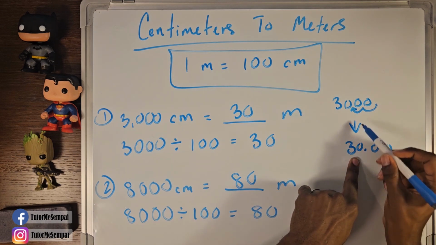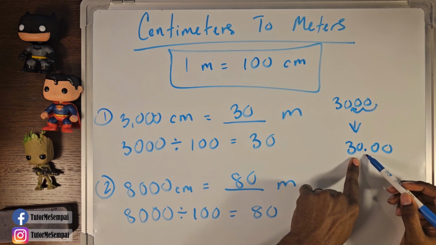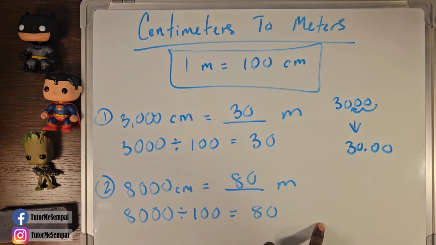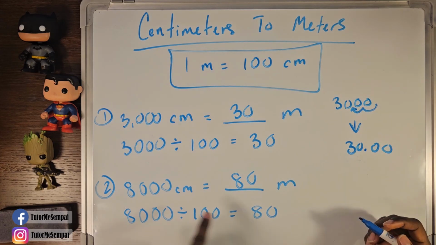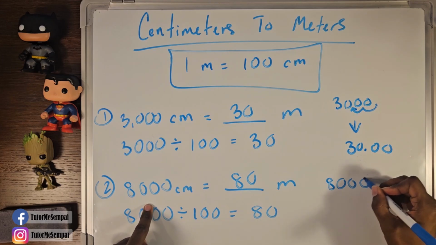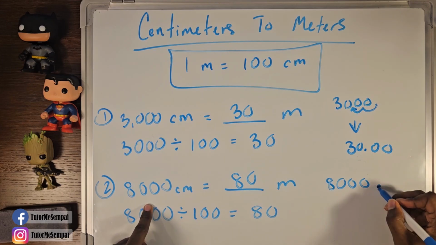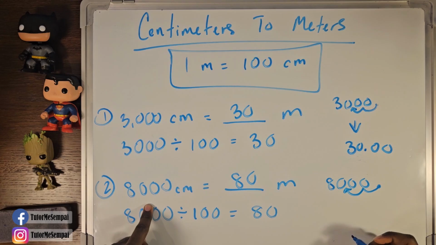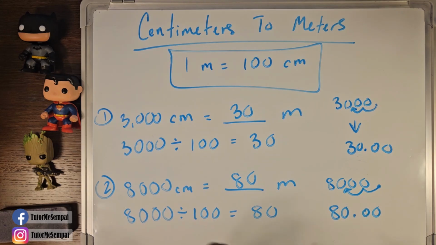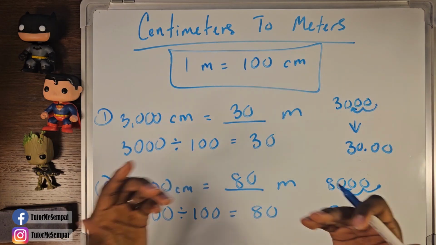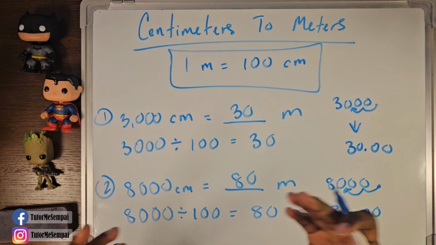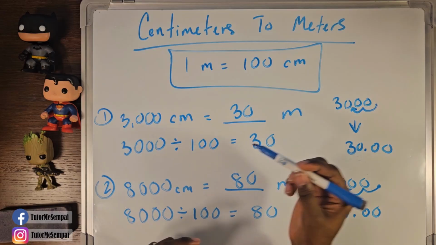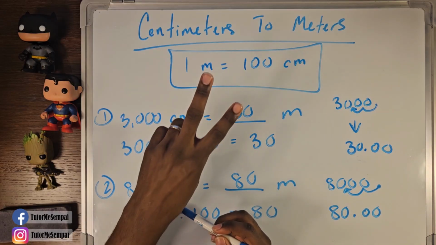Same thing happens here. Assume you have the decimal here, you move it 2 spaces to the left, and that gives you 80. So when converting centimeters to meters, if you have your decimal there, great. If you don't, just put it there and then move it to the left 2 spaces.